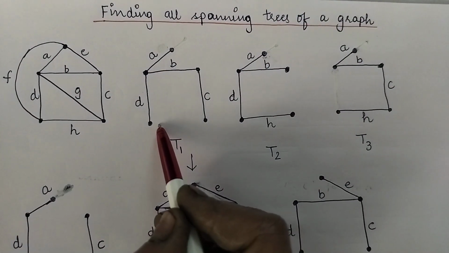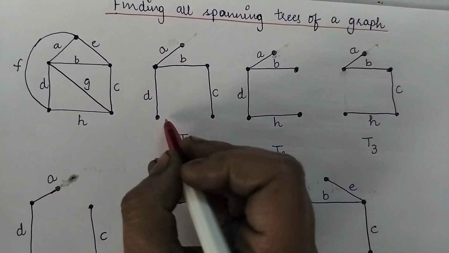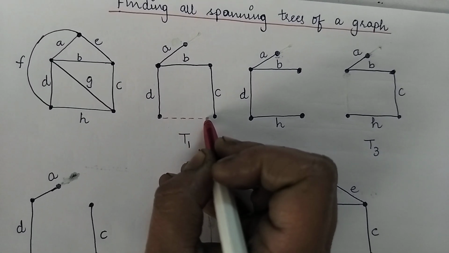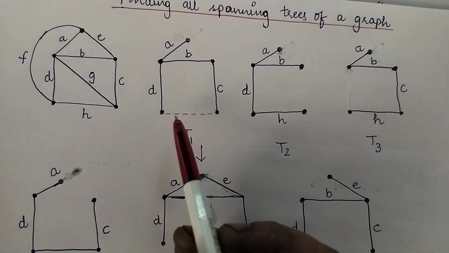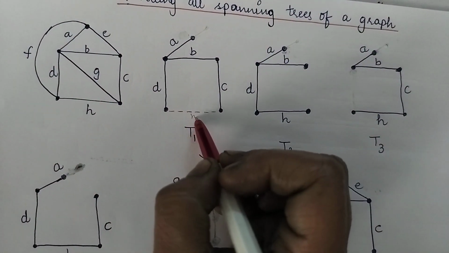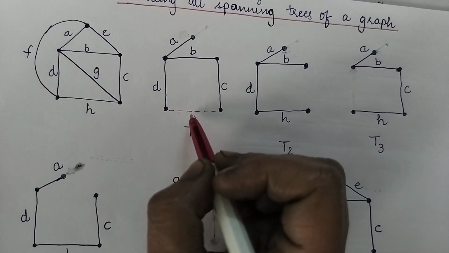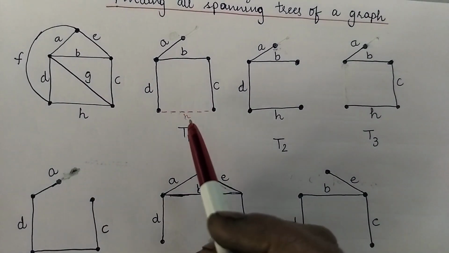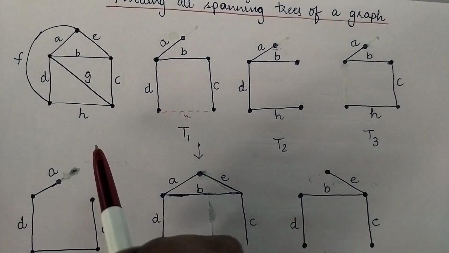The red dashed line denotes the chord, which is not a part of the spanning tree but is a part of the connected graph.